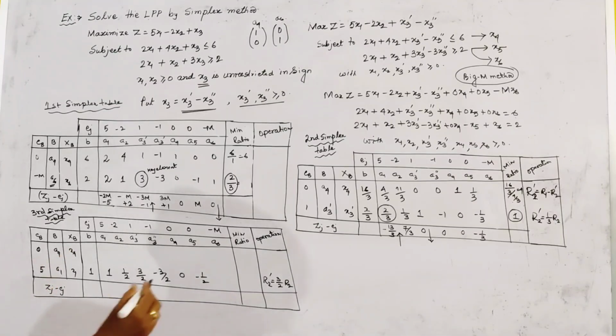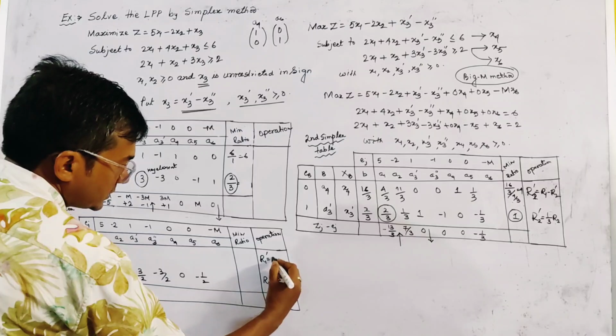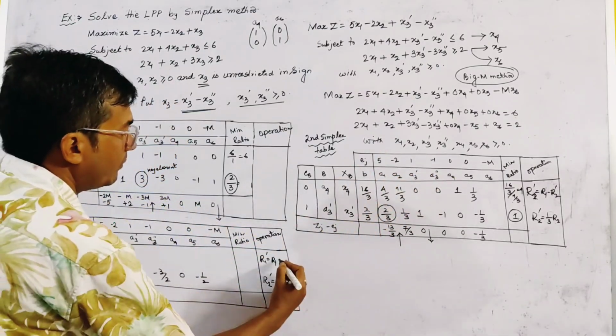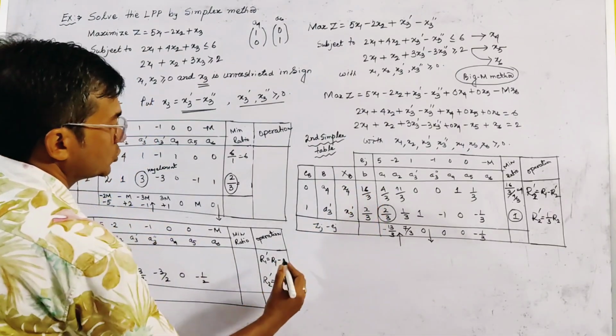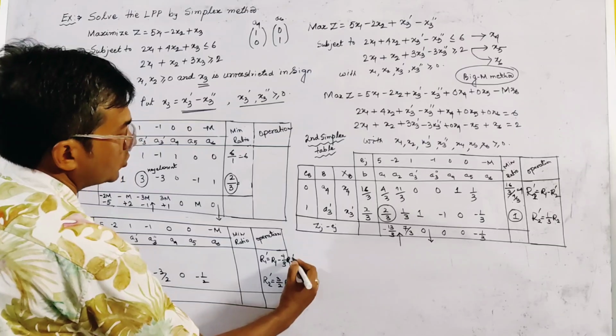And this column is obviously blank as in the previous table. And this operation is given by R1 dash. This is the old R1 now, minus this is 1, and also this is 4 by 3. So we make the operation 4 by 3 into R2 dash.